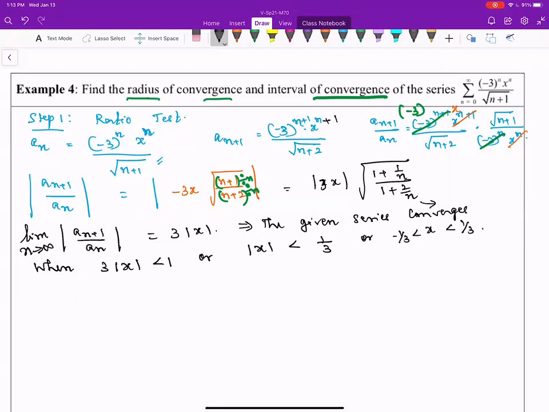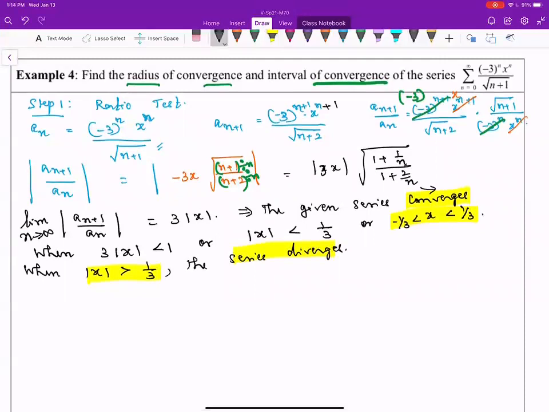And when absolute x is more than 1/3, the series diverges. The test becomes inconclusive when this limit is equal to 1. So we have to consider the end cases.